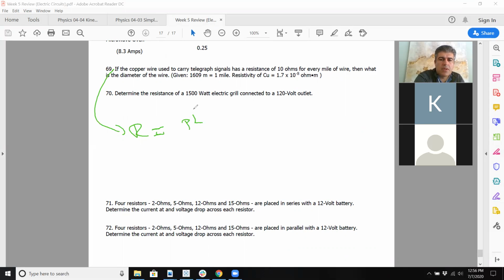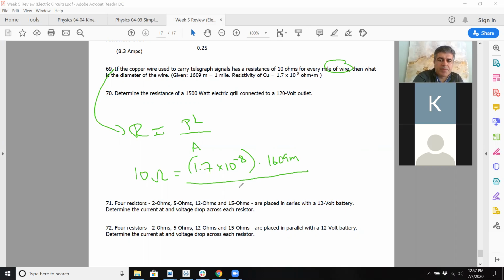Resistivity is this. Your length is 1 mile. So 1 mile, that's 1609 meters.